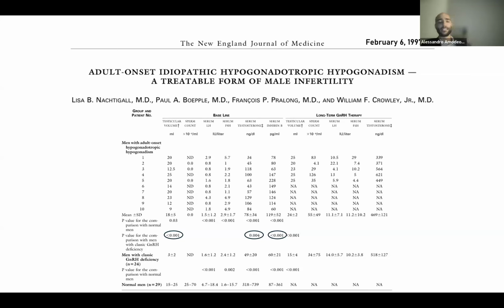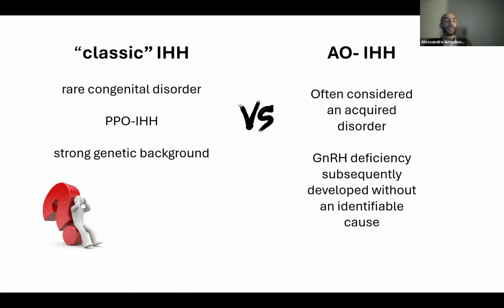They concluded that the normal pubertal development and the documented fertility in some cases strongly suggested that this condition is an acquired condition, but a delayed onset of a genetic defect of gonadotropin releasing hormone activity could not be excluded.